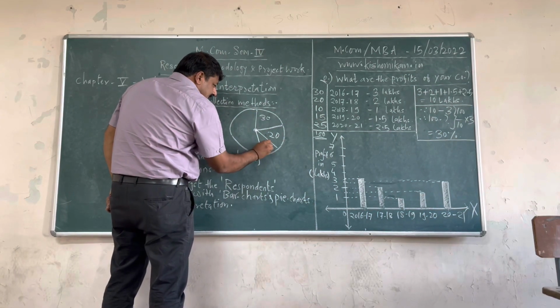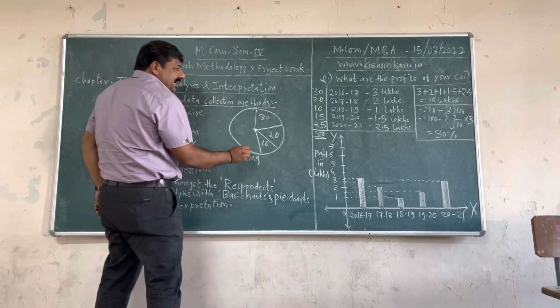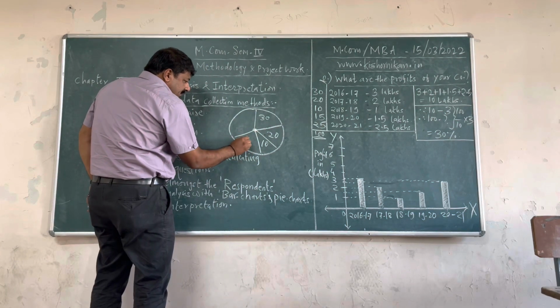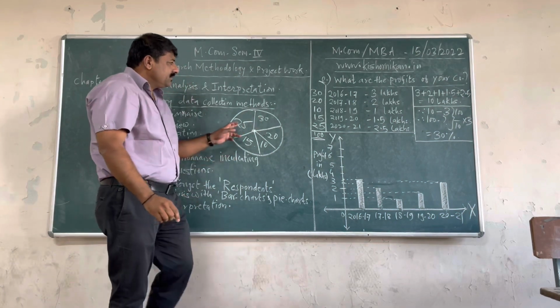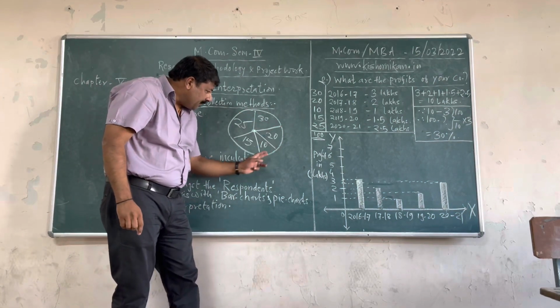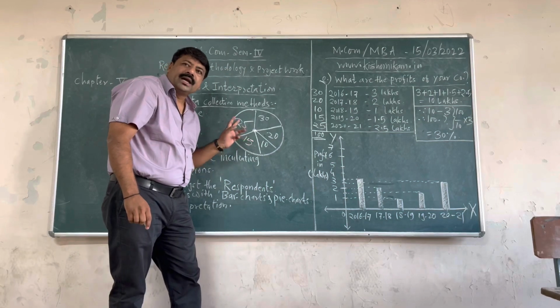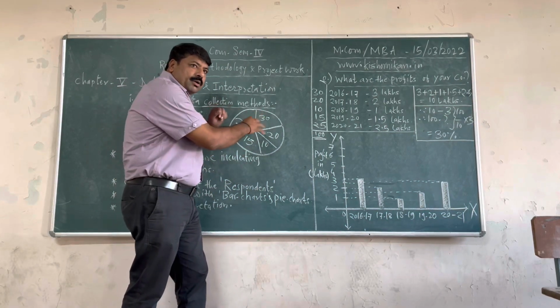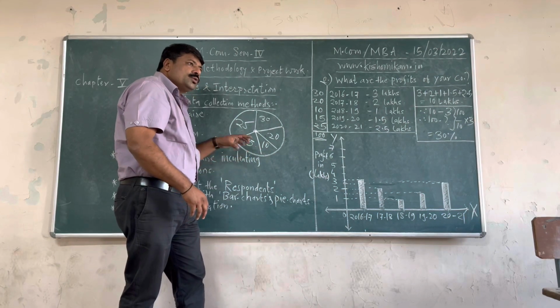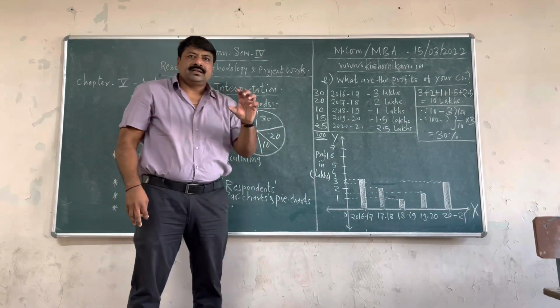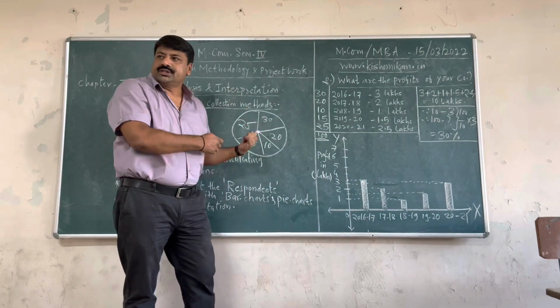This is 10%. 18-19. This is again 15%. And this is 25% for the last year. This is out of 100. This is a pie chart you can prepare. You can provide different colors: blue, yellow, pink, red, green. So this pie chart will depict the correct picture of your research.